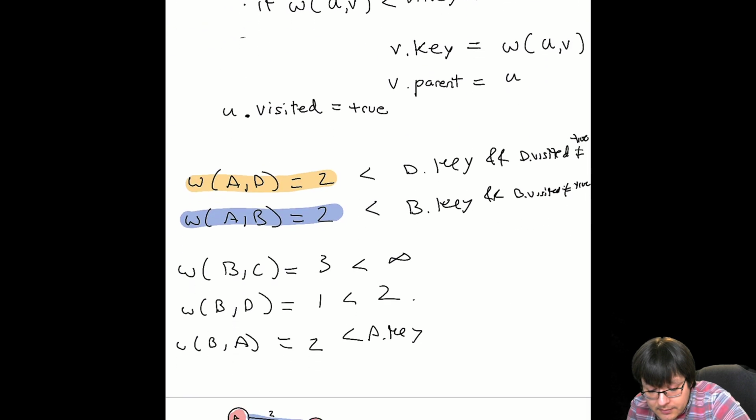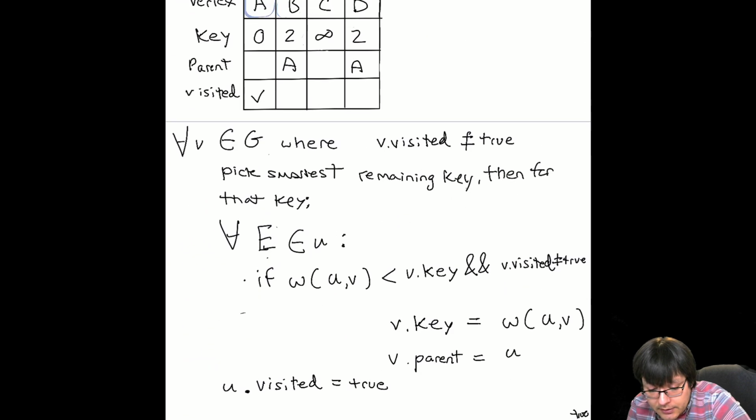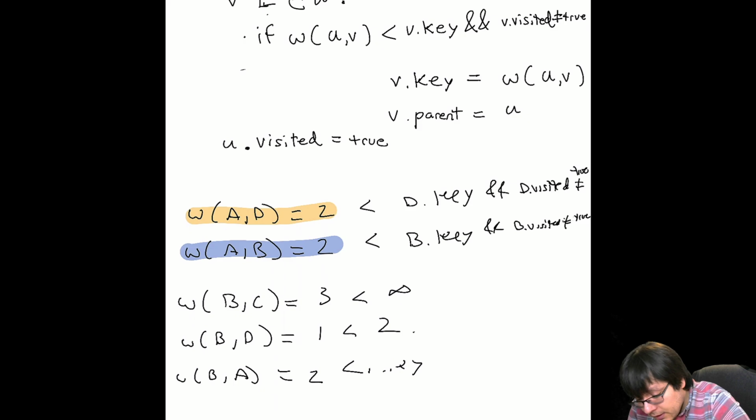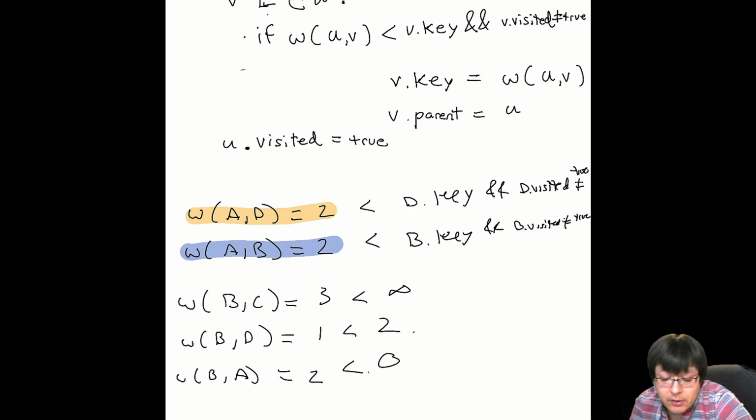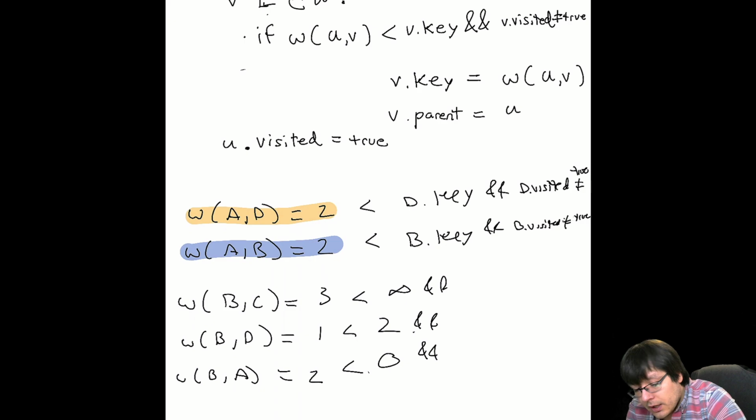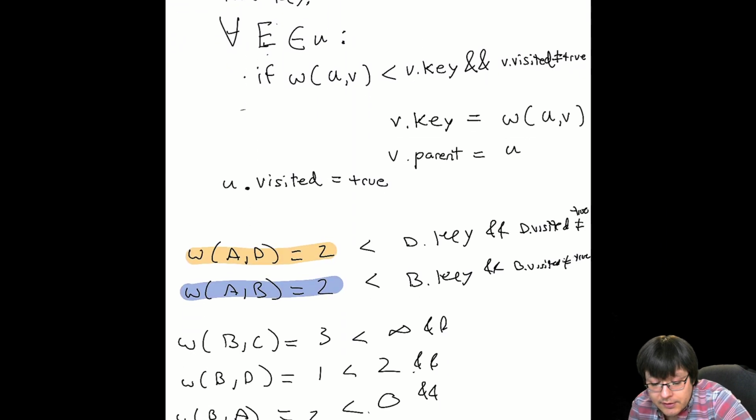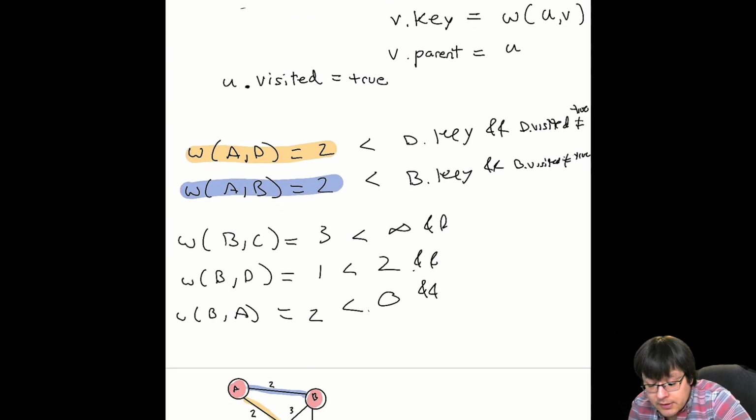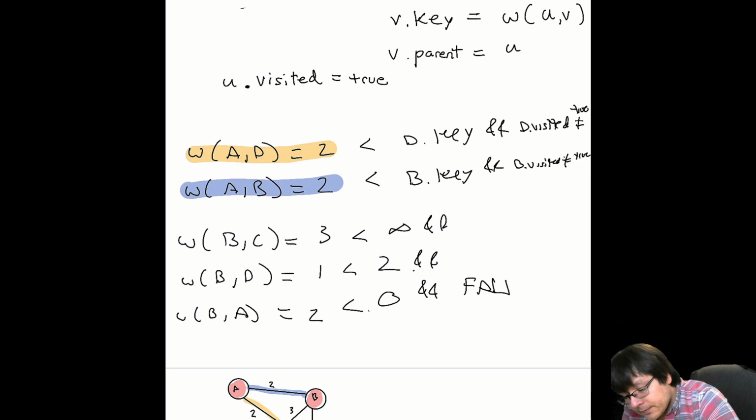And then A dot key is equal to 0. And technically, this is false, but usually doesn't actually matter, because here's the thing: the second part of this is whether or not C dot visited is set to true, D dot visited is set to true, and A dot visited is set to true. In this case, A dot visited is set to true already, so this is going to evaluate to false.